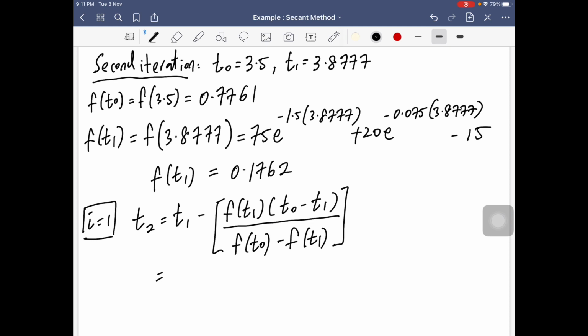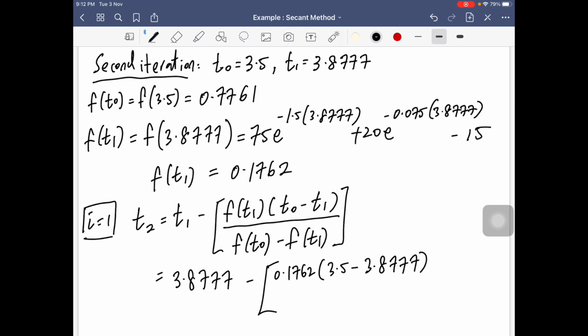You substitute all the known values: t1 is 3.8777, minus f(t1) 0.1762 multiply with t0 3.5 minus t1 3.8777, and then divide with f(t0) 0.7761 minus 0.1762.